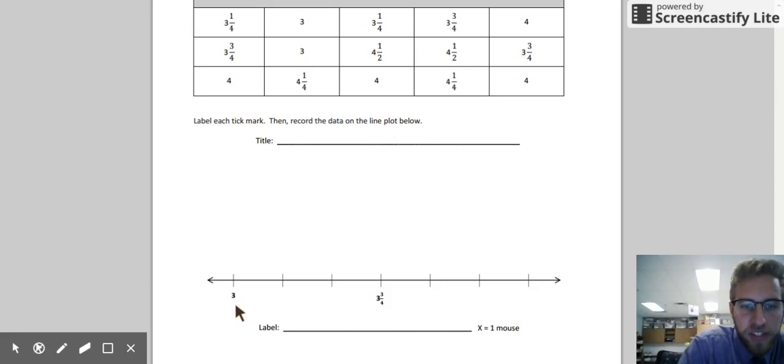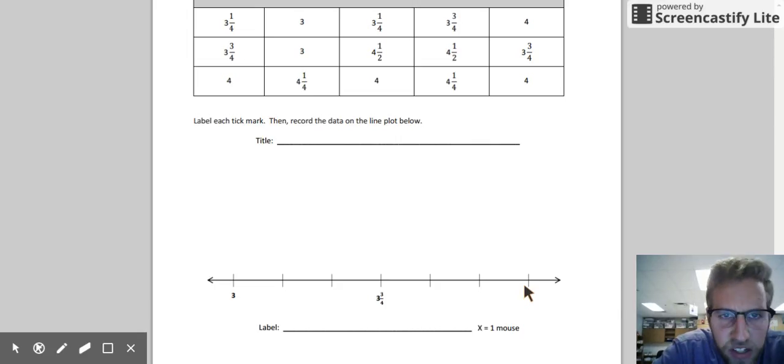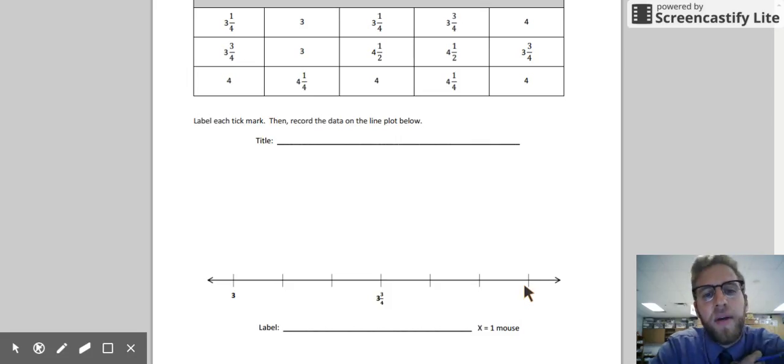So far all they give us is a 3, and then they give us a 3 3/4. We have to figure out what's going to go here, what's going to go here, and then in these spots too. So what we need to look at is how we are going to fill in the correct numbers on this line plot.